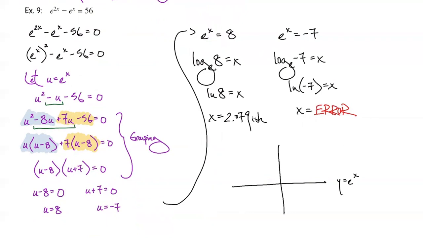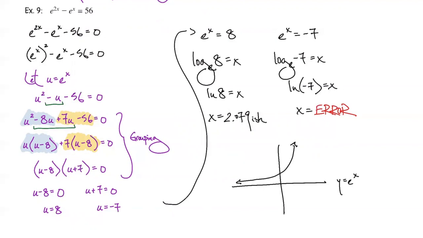Maybe, but what does e to the x look like? Yeah, it's exponential. And in fact, it would be something kind of like this, right? Like an exponential growth.